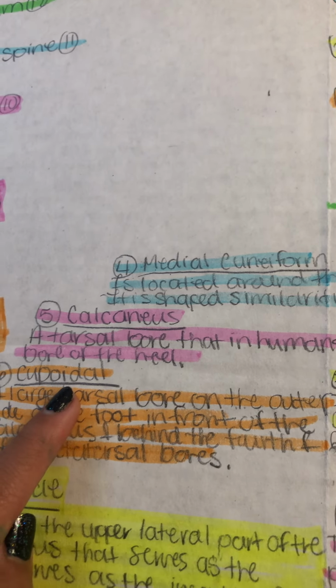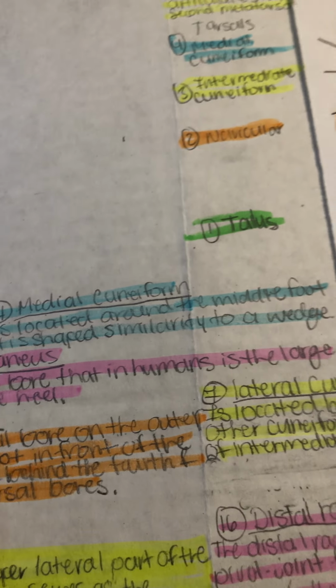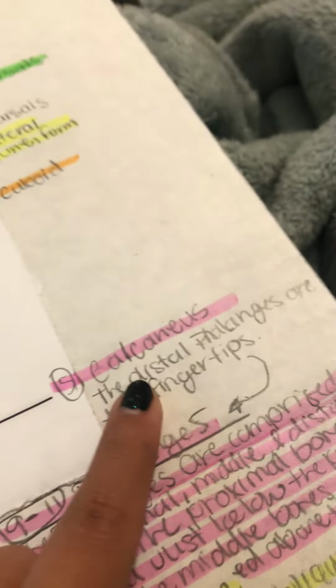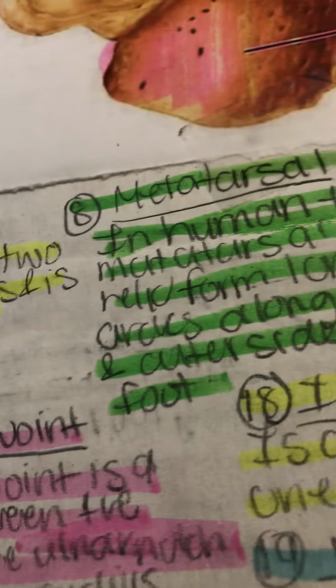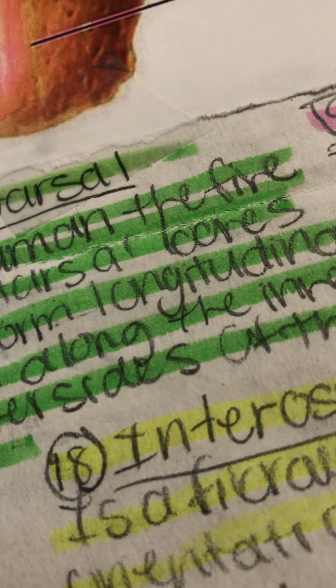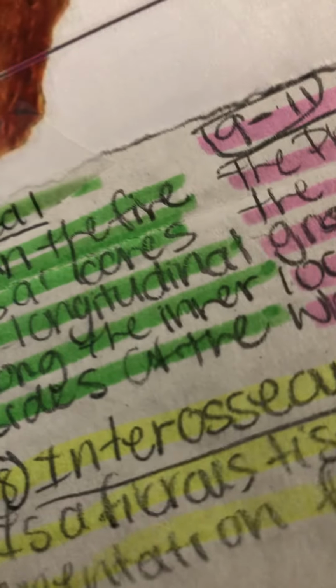Number five, calcaneus, the tarsal bone that in humans is the large bone of the heel, which goes right here. Number six, the cuboid.